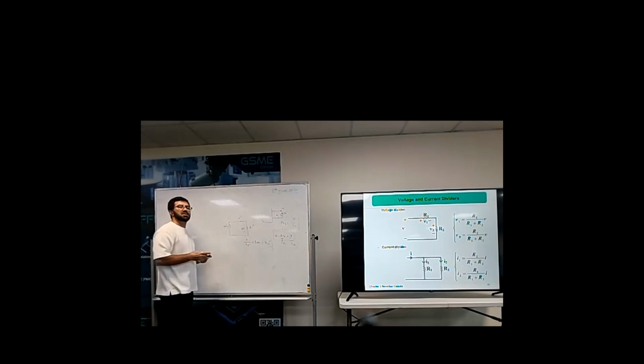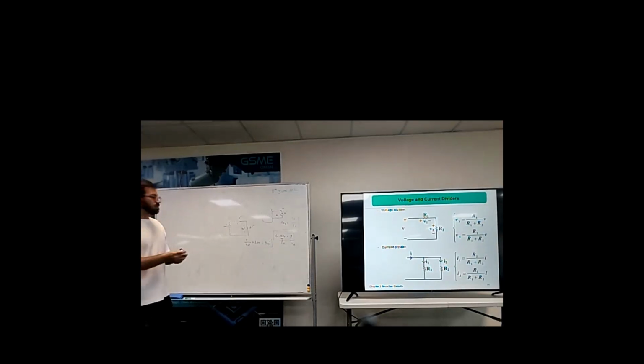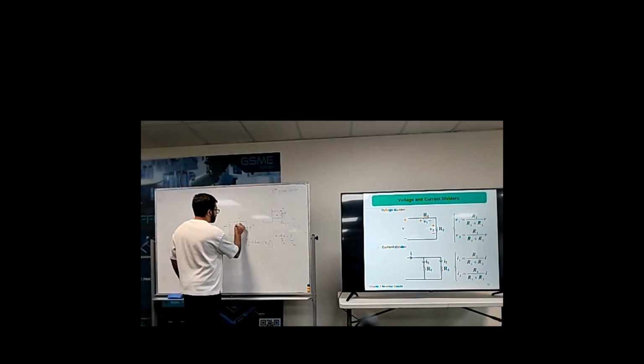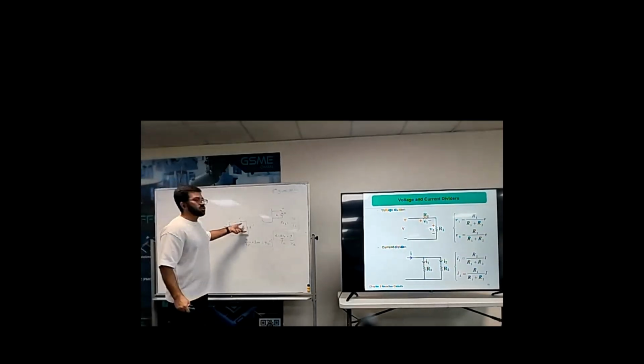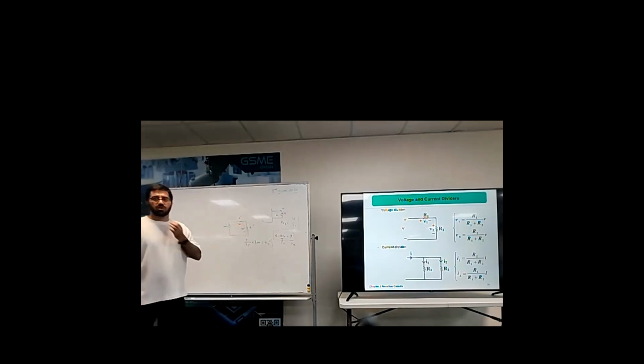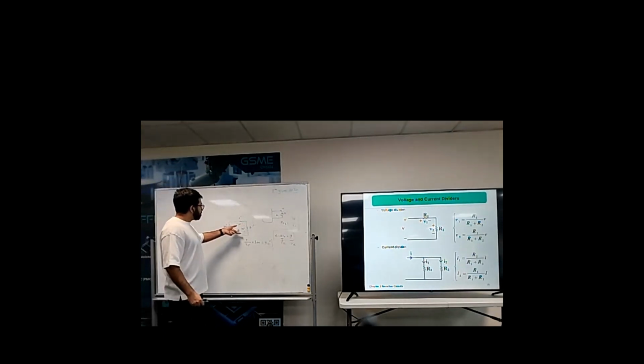It's 90 volt. When we have 90 volt, how much should be here? Only 10. That means when you have two series resistors, the one who is bigger consumes more voltage or consumes more power. We have more voltage drop across that resistor.